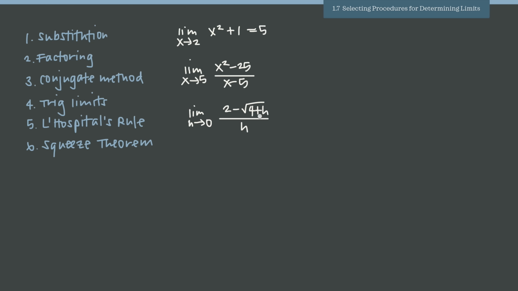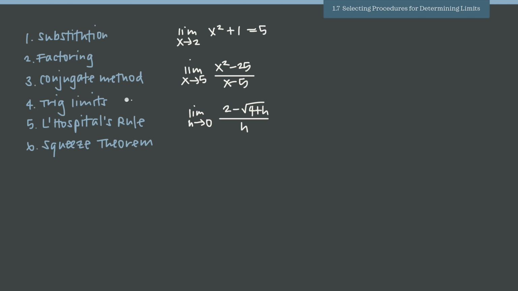We can see right away with substitution, we're going to get 0 over 0. This is not factorable, so our next step would be the conjugate method. And it's a dead giveaway that this is a conjugate method problem, because whenever you have the sum or difference of two terms, either in the numerator or denominator, and one of them is under a root, that's not the only kind of conjugate method problem, but it's a very common kind. So that's going to be your next option.